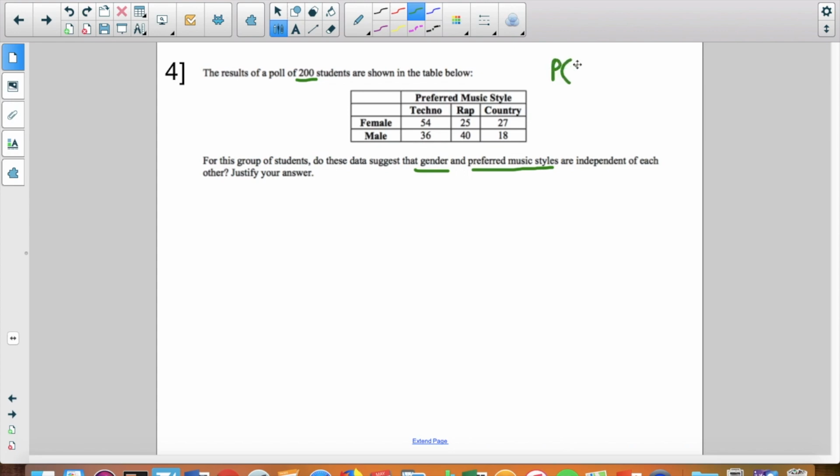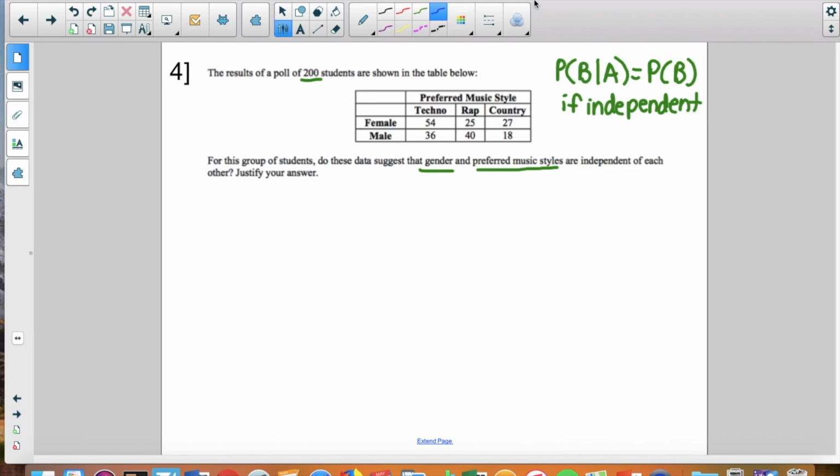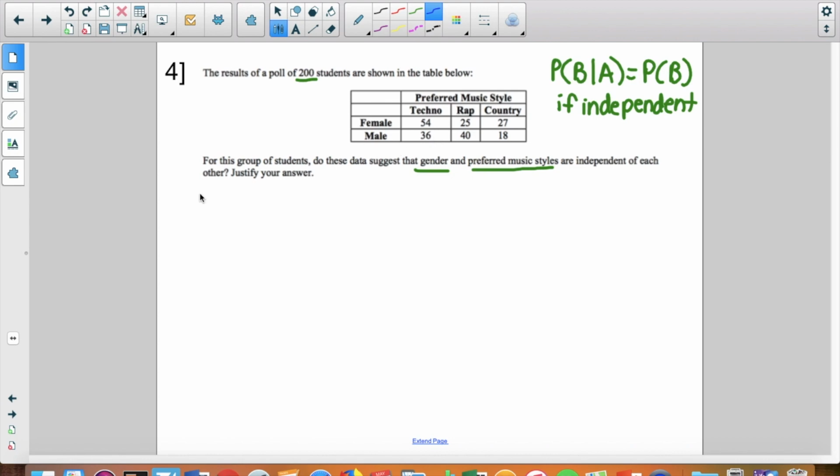Now, I want to use the conditional probability one just because we've seen that one less. So the probability of B given A is equal to the probability of B if they're independent events. Now, we have to identify an A and B. Remember, they don't specify it here, so we could choose whatever we want.